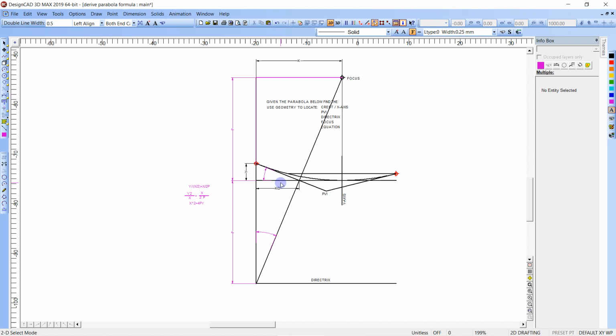It's a practical application of the geometry that would be required for getting the pertinent information on a parabola. And then with that you could just fill in the information and you'd have the formula for that parabola using the numbers. And that's all I can tell you about geometrically breaking down the parabola.